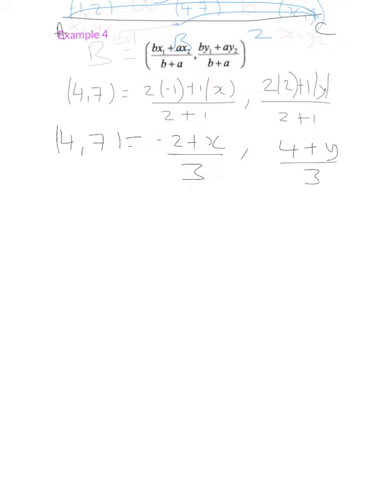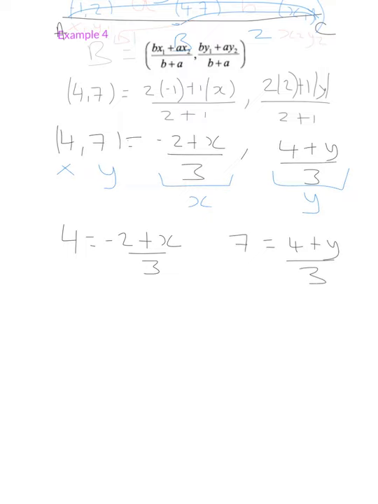This represents the x, this would be the y, and the (4, 7) would be my (x, y). So then we equate the x's and the y's. That would be 4 is equal to (-2 + x) all over 3, and 7 is equal to (4 + y) all over 3.